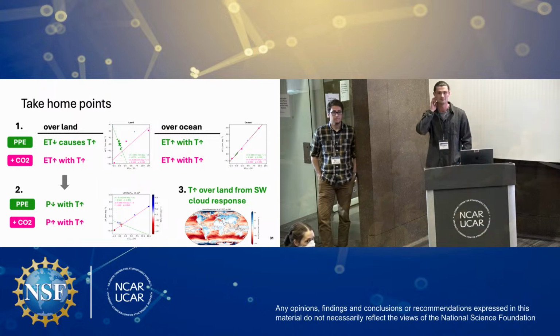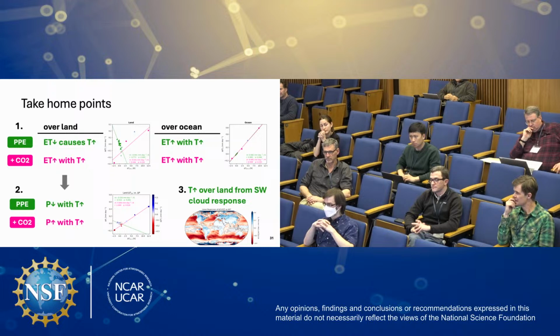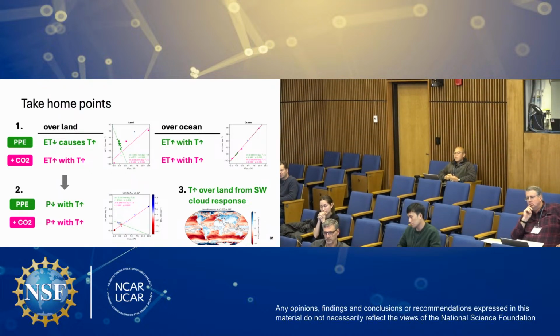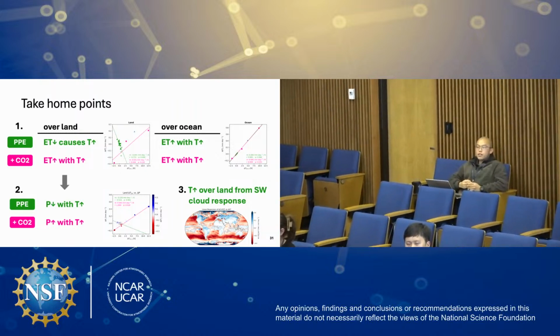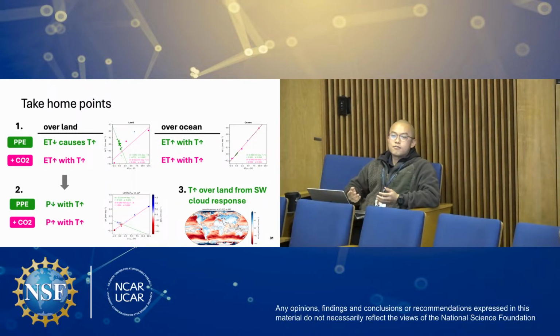You showed many maps for the PPE runs. I wonder if you looked at maps for the CO2 ones and what the spatial heterogeneity might be there, because it seems like maybe some of what you're talking about with the PPE runs might be applicable in, say, moisture limited regions, even in the CO2 forcing. So I'm curious what your thoughts are. Yeah.